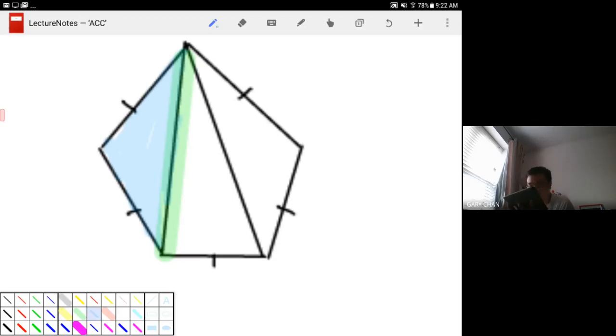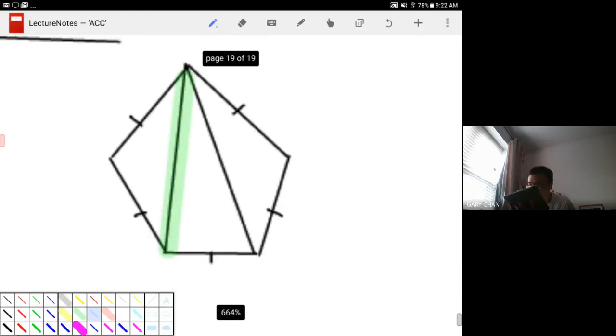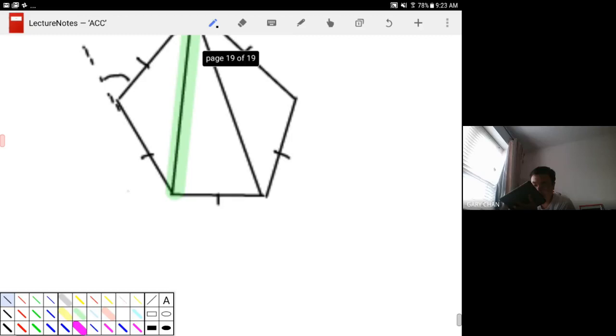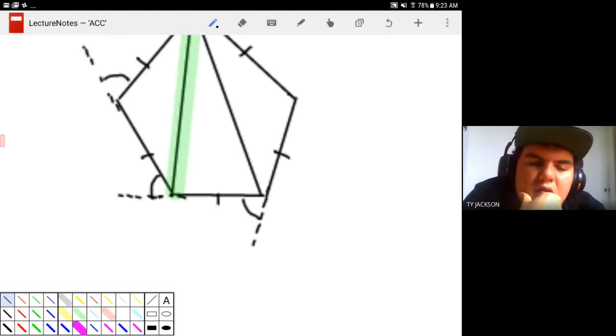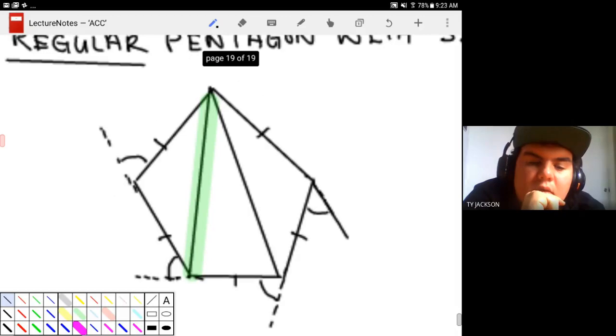Actually, let's try to figure this out because we'll need to know what this is anyway. Do you guys remember how to figure out what that exterior angle is? This is going back from when we were in school. We don't know the exact angle, but we can subtract from 180.